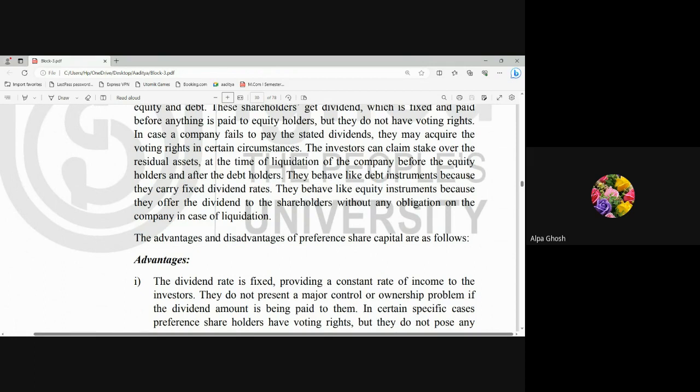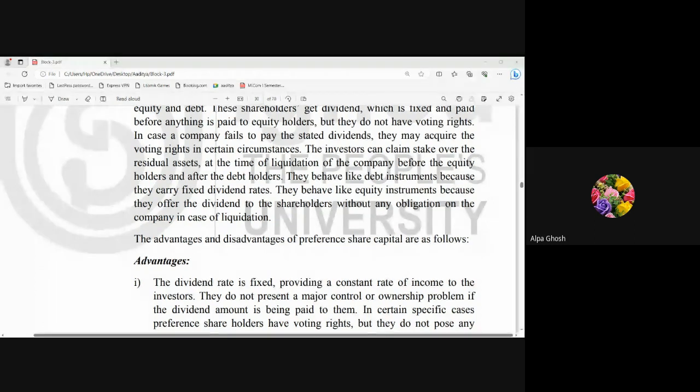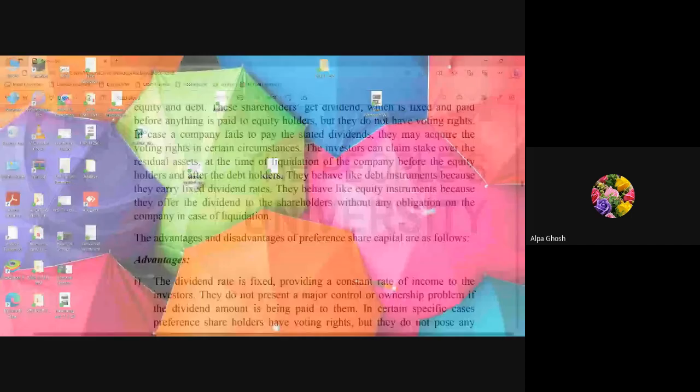The second important difference is that preference shareholders are paid at a fixed rate of dividend. Whenever dividend is paid, the pre-decided rate of dividend is paid to the preference shareholders, whereas the equity shareholders are paid every time according to the rate which is declared in the board meeting.